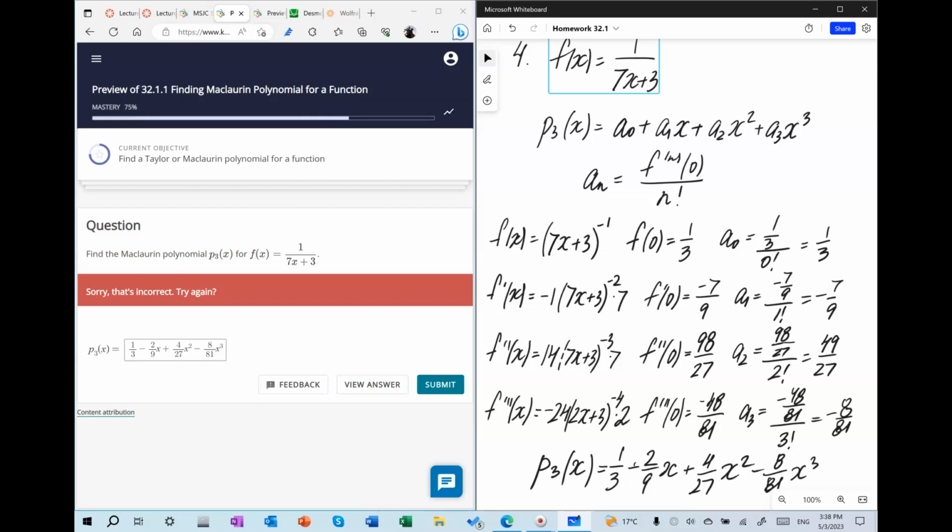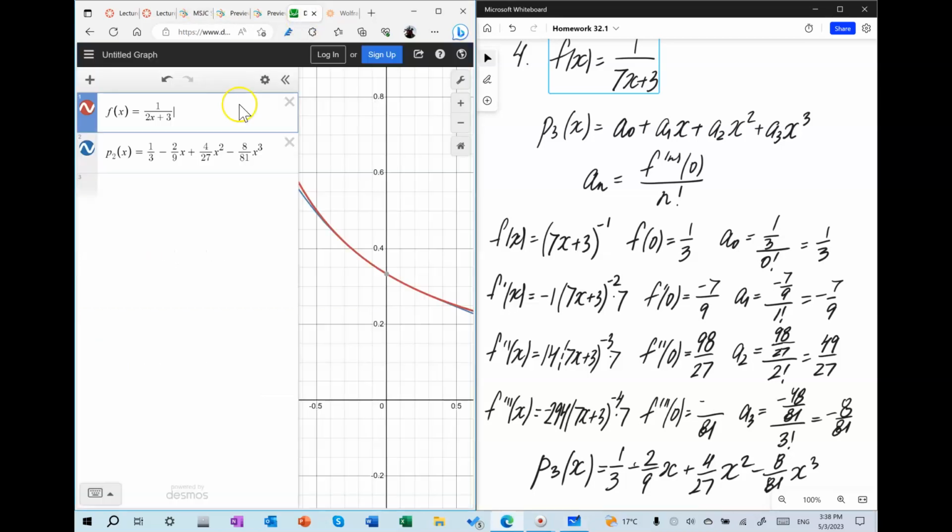And we have another change here. 98 times negative 3 is negative 294. I have another 7 here, so it's going to be negative 294 times 7.